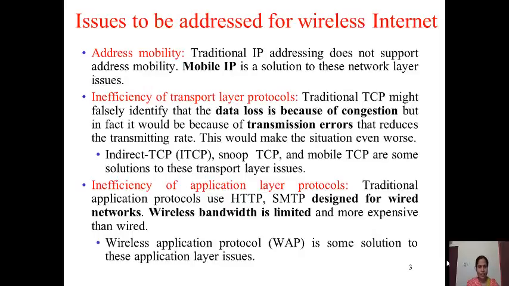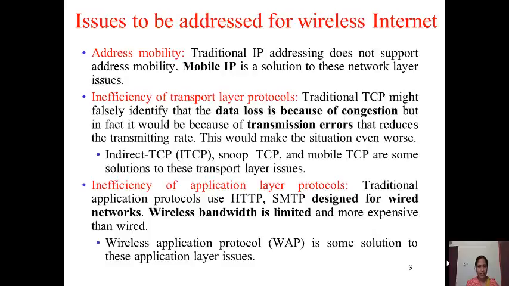The next issue is the inefficiency of the transport layer protocols. Whenever we talk of TCP, it always comes to our mind that congestion is going to take place. It is generally interpreted that whenever a loss happens in TCP, it is because of congestion.